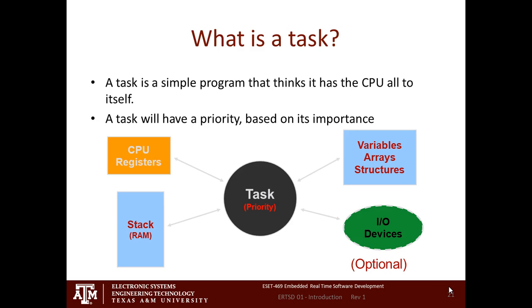So, what's a task? A task is a super loop. That's really all a task is. A task is a simple, simple, simple function that never exits, and it has one thing to do.